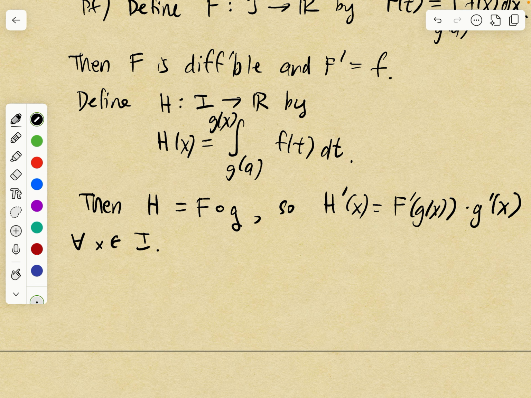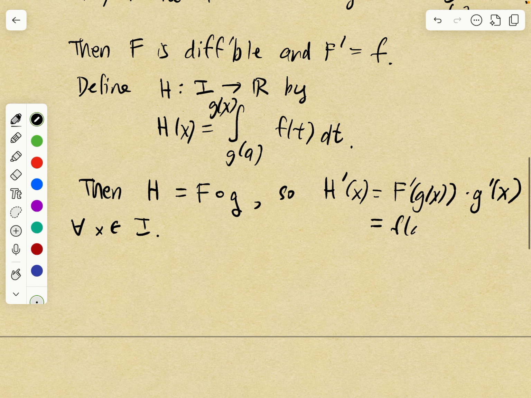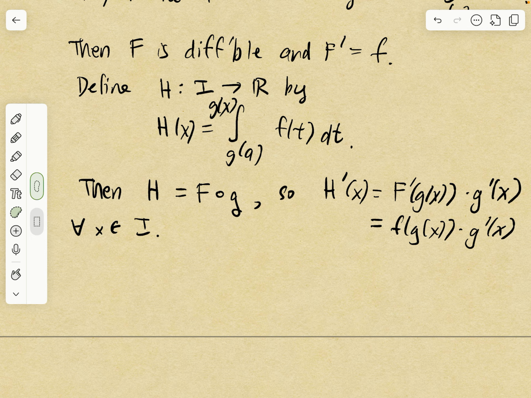So what did we show? Capital F prime is little f, so this is little f of g of x times g prime of x. So we have this function capital H, and its derivative is this.